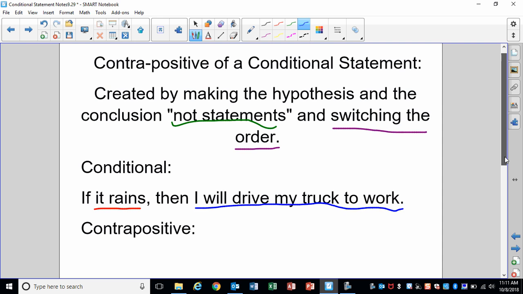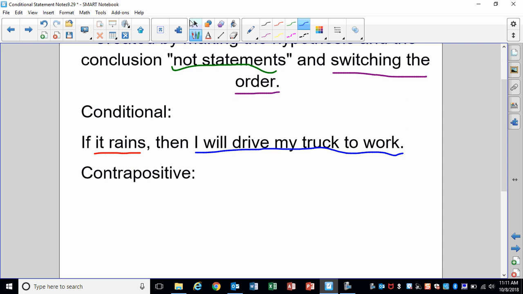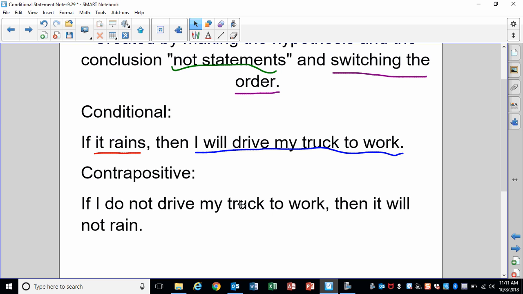To create the contrapositive statement of this, I flip and not. So I added the word not to both statements, here and here. And I said, if I do not drive my truck to work, then it will not rain.